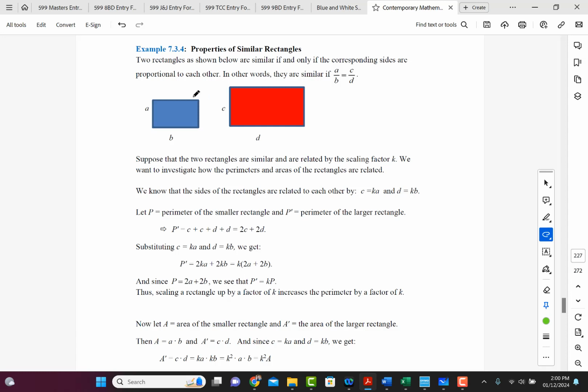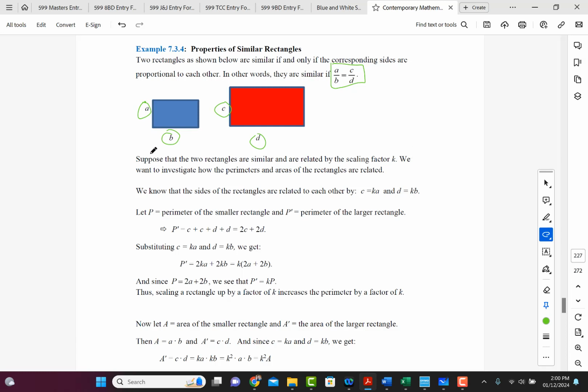So we want to say that the proportion of A to B, these 2 sides, is equal to the proportion of these 2 sides. If it's true that A divided by B is equal to C divided by D, then they are similar figures.